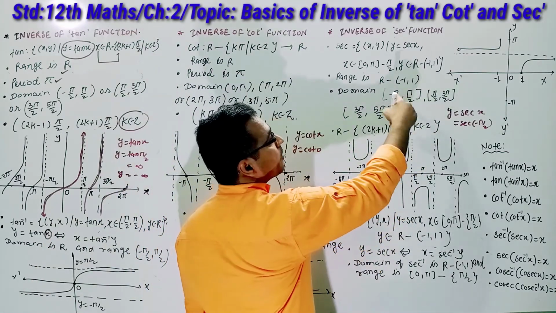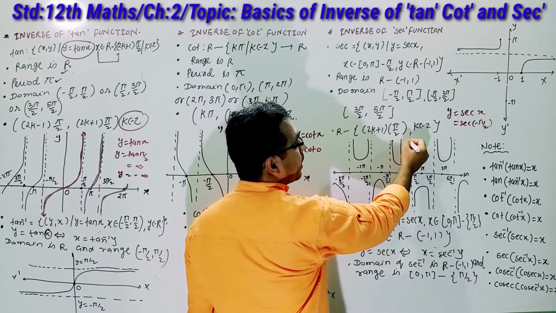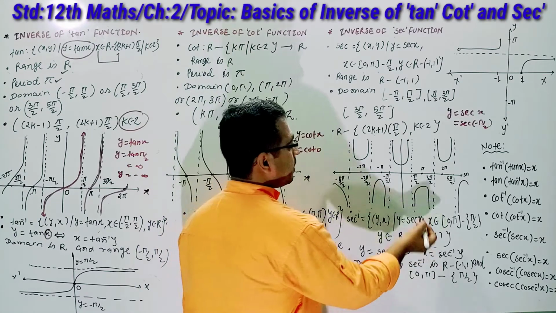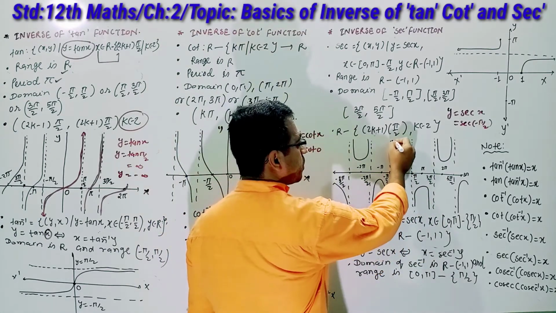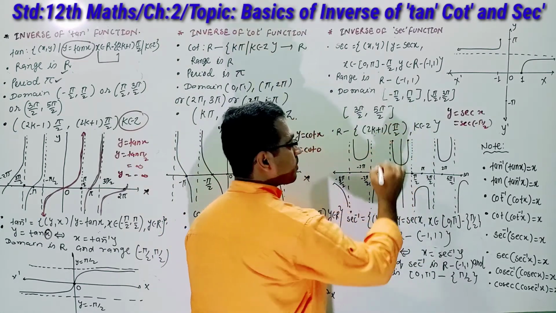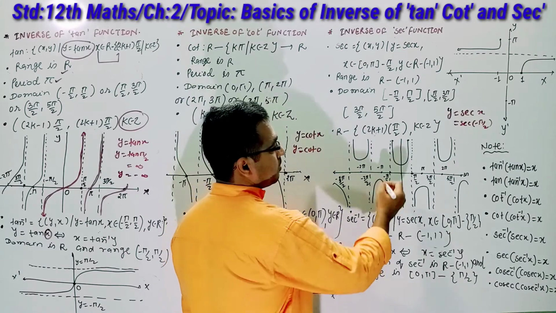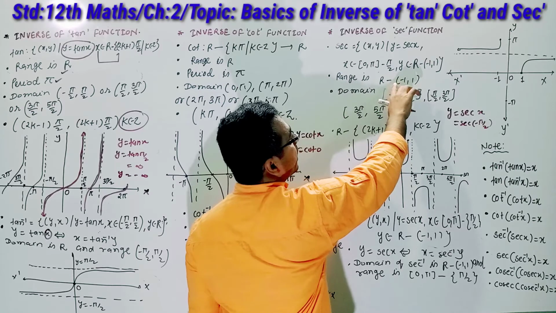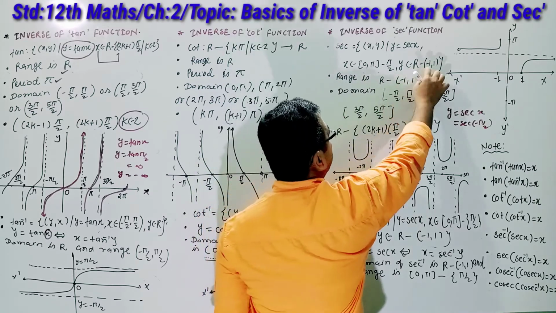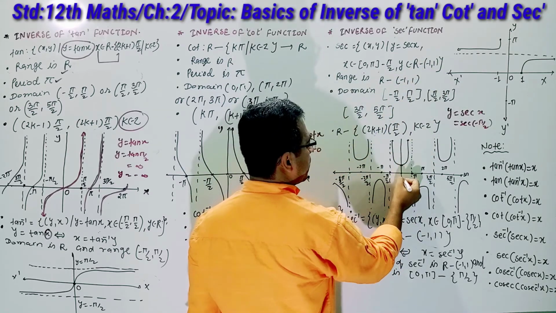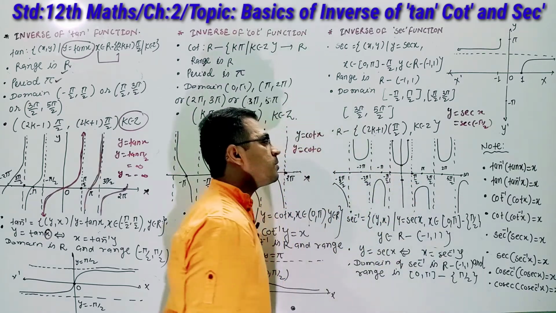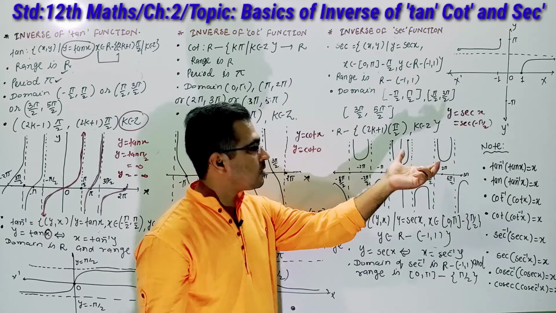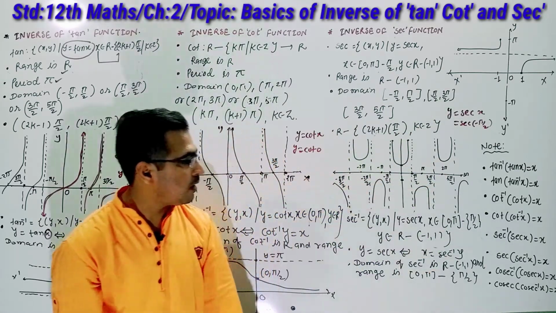If you put sec of plus pi by 2, you are getting plus infinity at the pi by 2 points. So you can plot in this way. And you will have to remove from R, meaning you can't take values between minus 1 and 1. So students, here is 1 and here is minus 1. If you continue this process, you will get the graph like that.